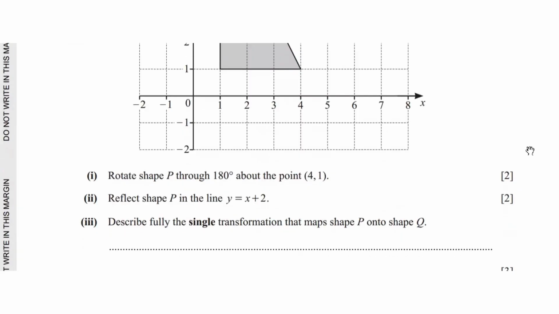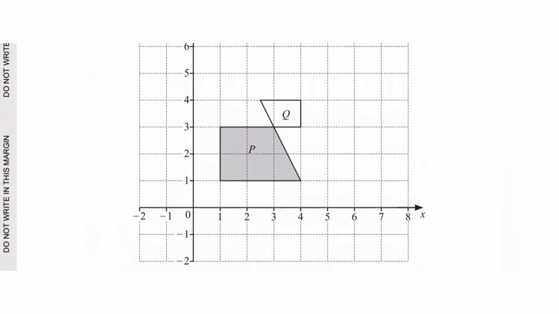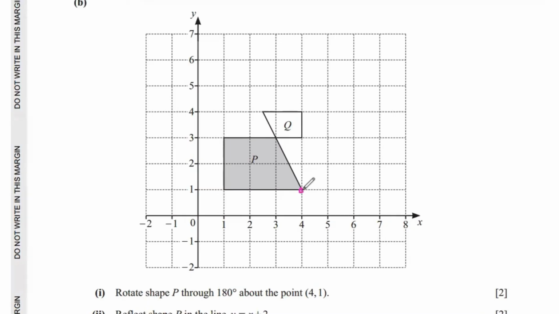Then part B is rotate shape P through 180 degrees about the point (4, 1). So (4, 1) is this point over here. And we have to rotate 180 degrees about this point. Since this is our center of rotation, if we rotated 90 degrees, that's going to give us this shape.